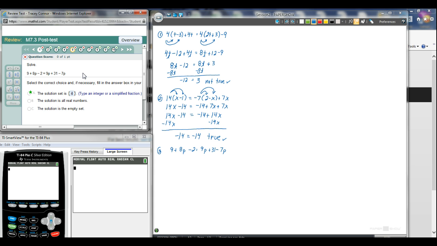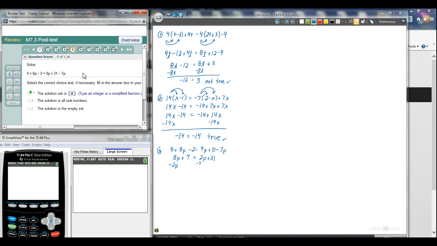Again, we want to combine like terms on the left side and then combine like terms on the right side. I have 8p, and then 9 minus 2 is 7. On the right, I have 9p minus 7p, which gives me 2p plus 31. Then I'm going to get my p's on the left side.